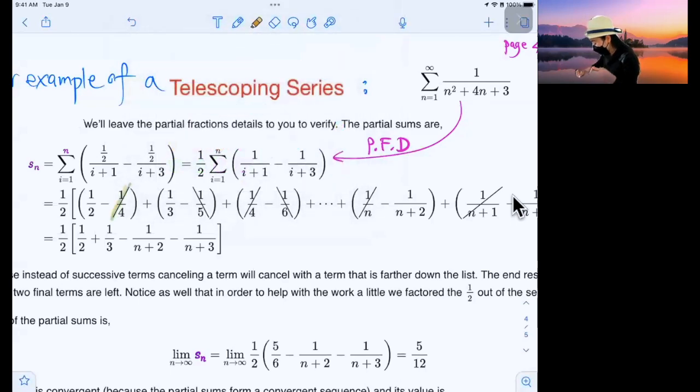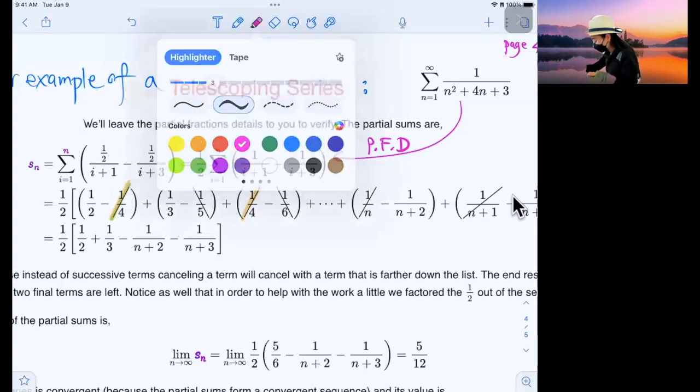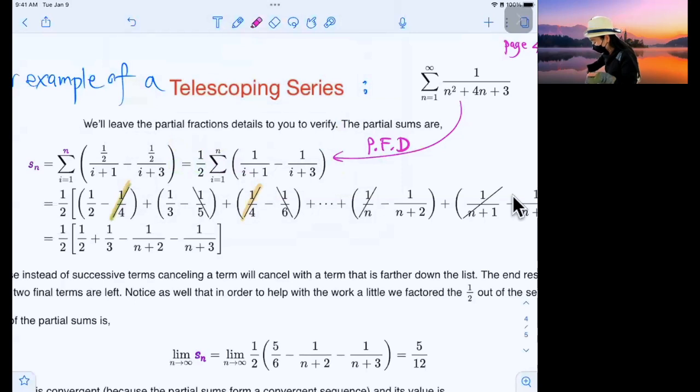So this one here cancels with this one. What else? And this one over here cancels with which one? Right after this, right? There's something over here. You're going to skip one term and it will be the one that is right after the next term. You're going to cancel with it.